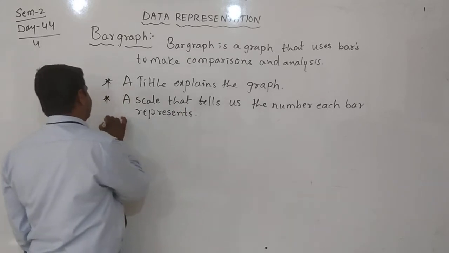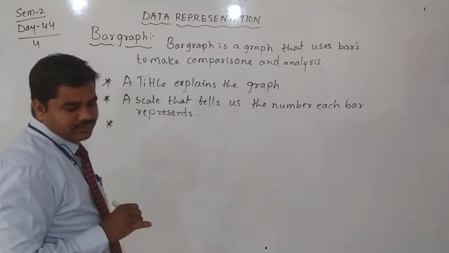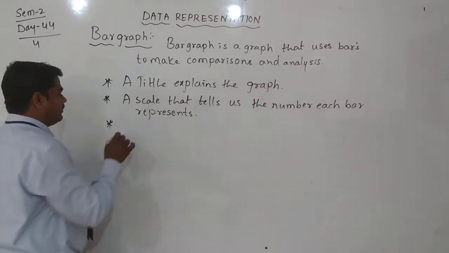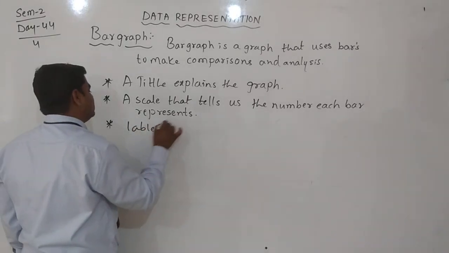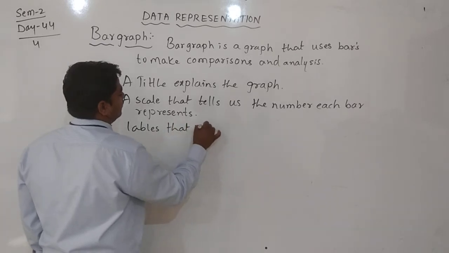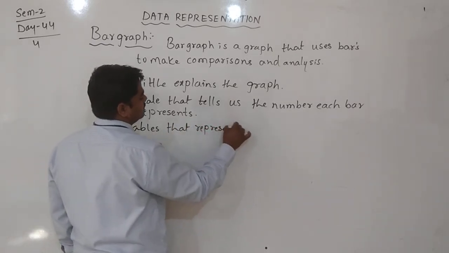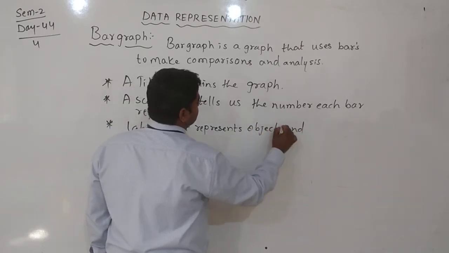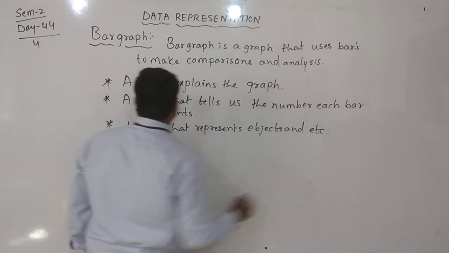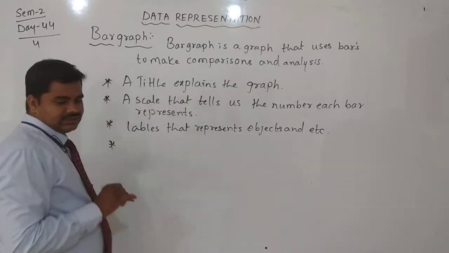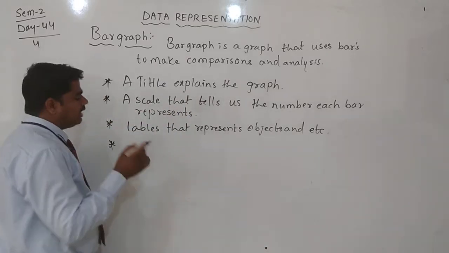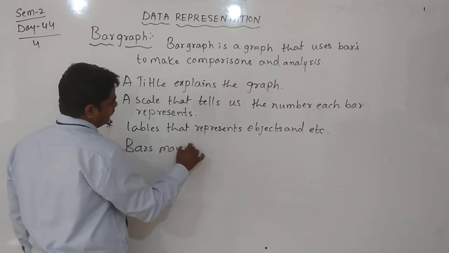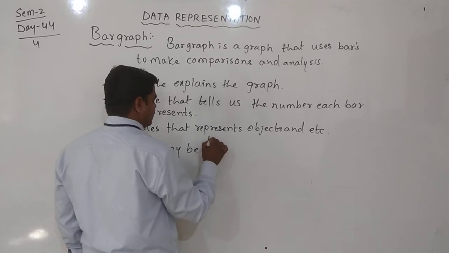And one more, that is labels that represent objects, etc. The last one is that bars may be vertical or horizontal.